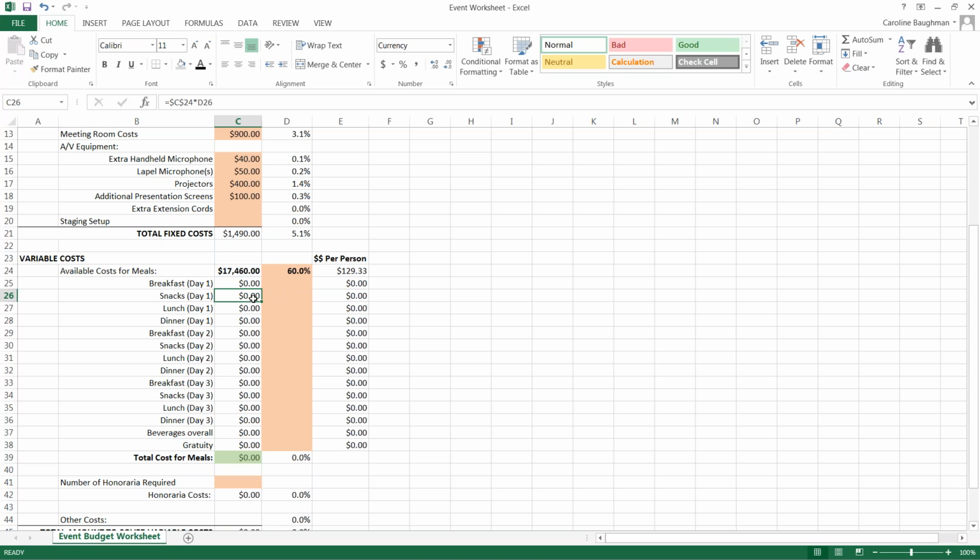The reason it works for me is because I can look at, say, a full 2-day event and know that 50% of my meal budget is going to go on day 1 and 50% on day 2, and probably about 30% of that 50% might go to the lunch or dinner, just because those are bigger meals than the snacks or breakfast. So it helps me break it out into chunks. You go with whatever works for you.